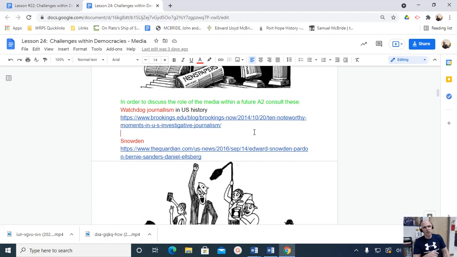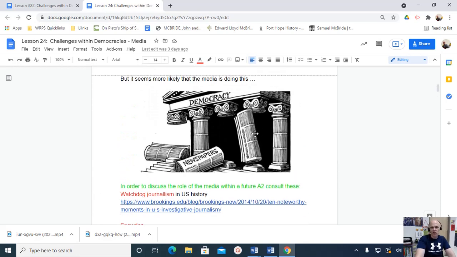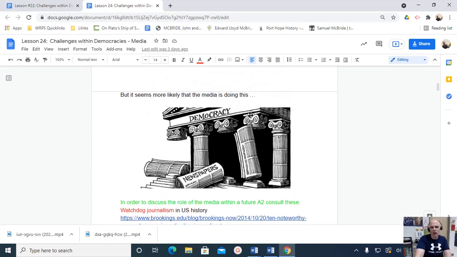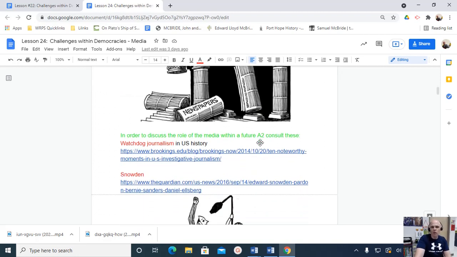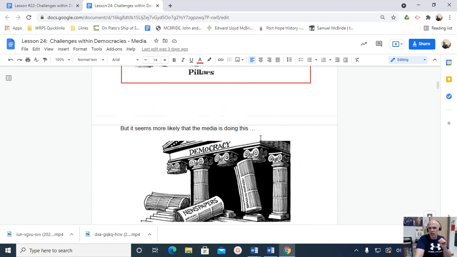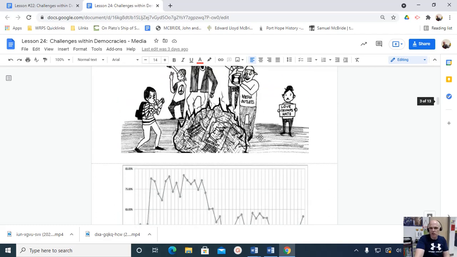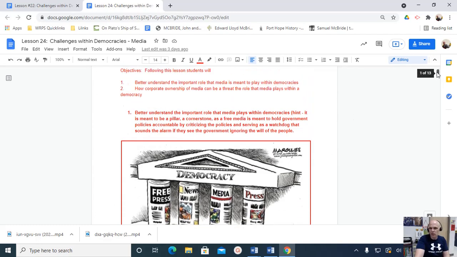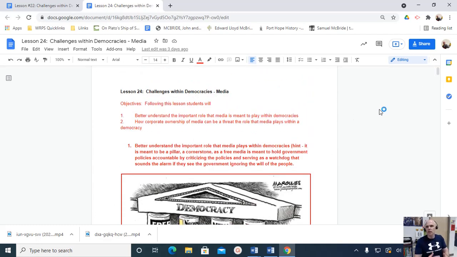Watchdog journalism like the Watergate scandal that exposes flaws within government. But what we see instead today are journalists that aren't trying to create a better America in the future. What they're doing is promoting a very specific agenda. Because corporations are owning the media, it is not free.